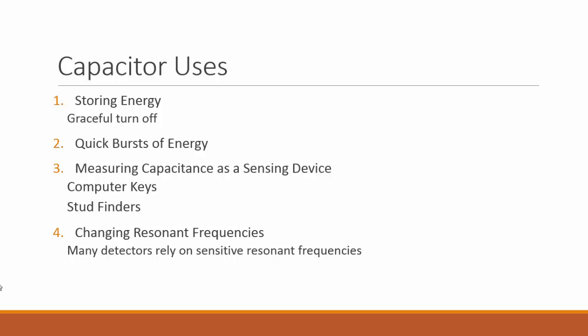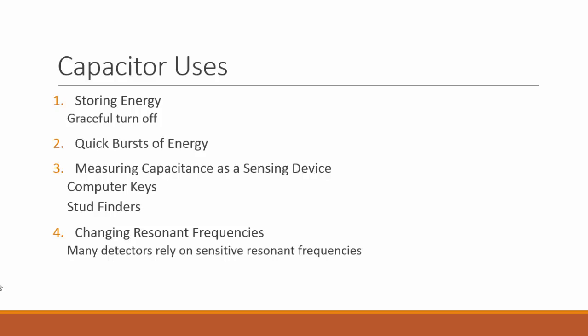One way of doing that is to have a capacitor in there, and the capacitor will store up the energy while it's running, and then as soon as it loses power, provide that energy back into the circuit and have a limited amount of energy for a short amount of time to run the computer before it turns off.